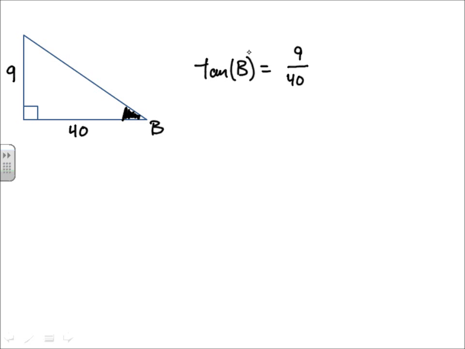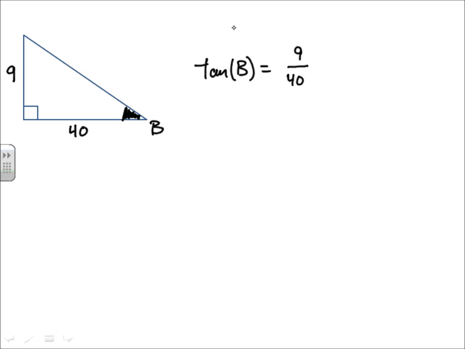What I need to do now is apply some function to both sides of this equation that will undo the tangent function. It turns out that there is a function called the inverse tangent function, and as long as angle B is an acute angle, and it definitely is acute here, you can be assured that when you take the inverse tangent, you're going to get just the angle itself.